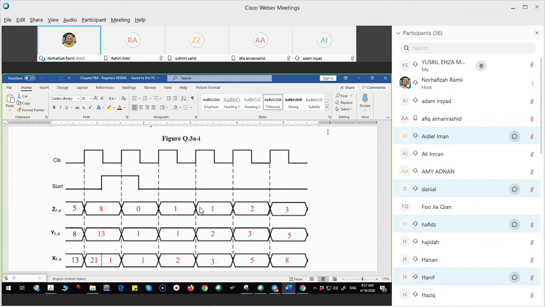Chapter 9, FSM, finite state machine. So FSM is basically Mealy and Moore. We have done it before, a lot of it actually. I will just go through it again, but very quickly, because on Friday there were like 20 something.